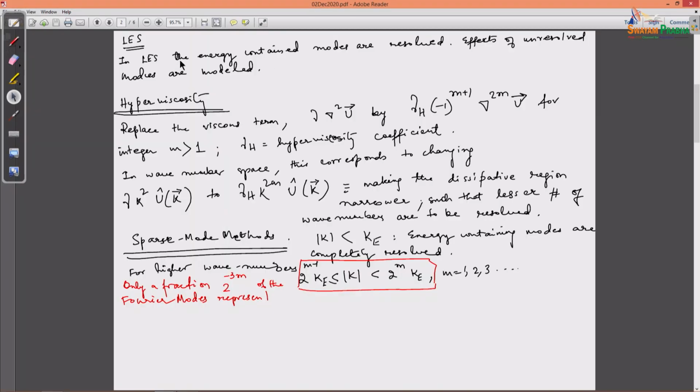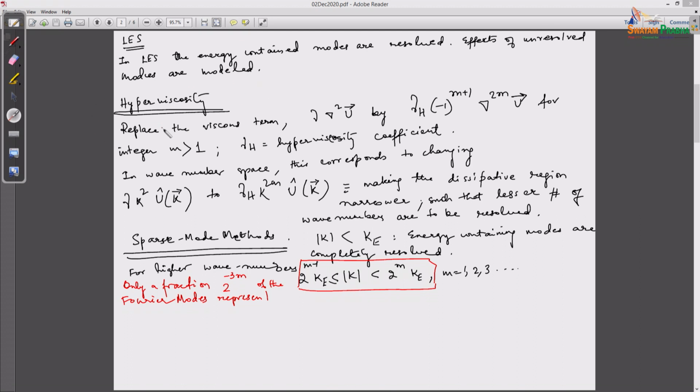So, in LES, only the energy containing modes are resolved. Effects of unresolved modes are basically modeled. So, these are actually calculated, the energy containing modes, and whatever we can't, the effects of the unresolved modes, are modeled.